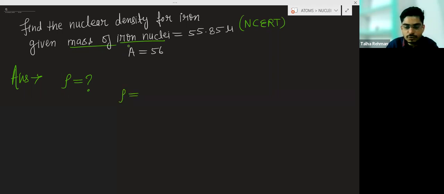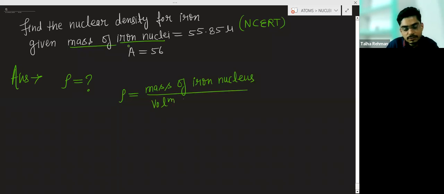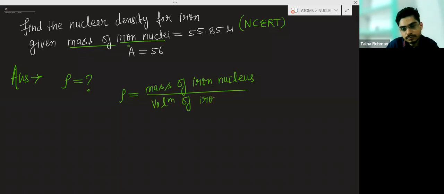What is the formula for calculating density? Density is equal to mass of iron nucleus divided by volume of iron nucleus. Mass of iron nucleus is given as 55.85 AMU.